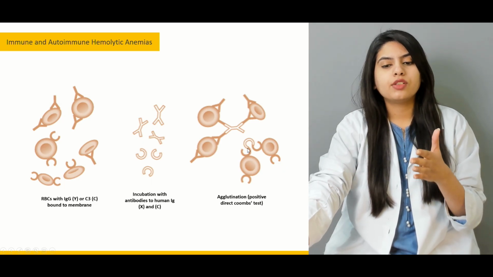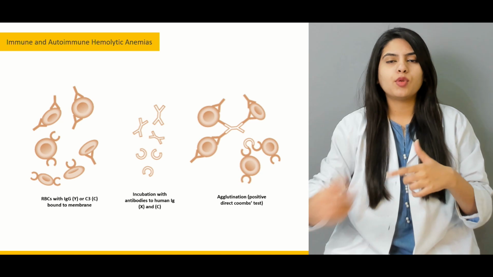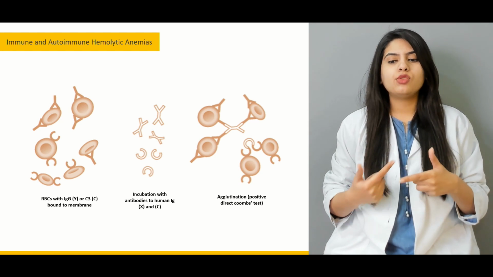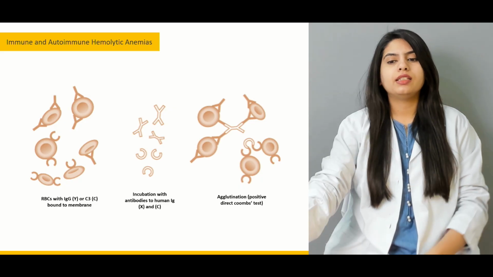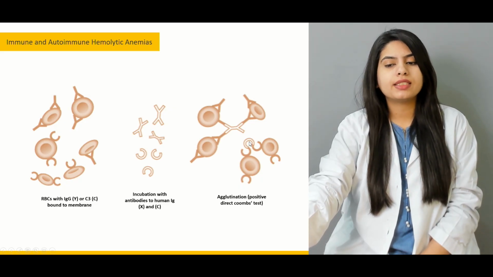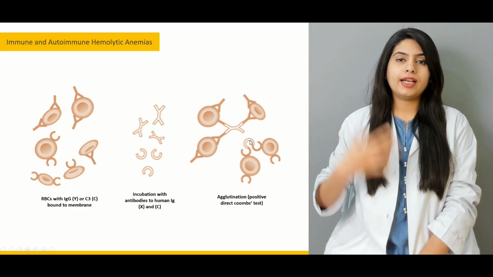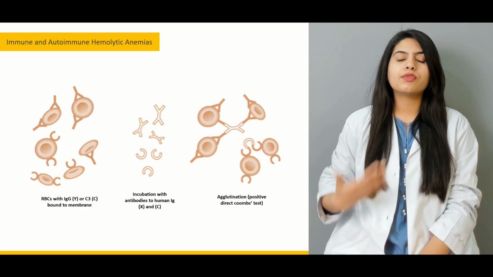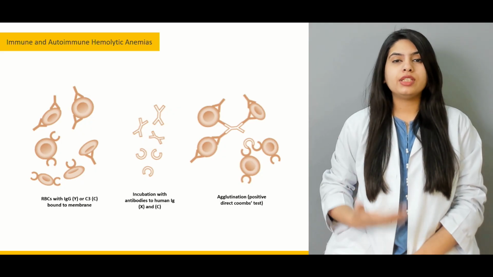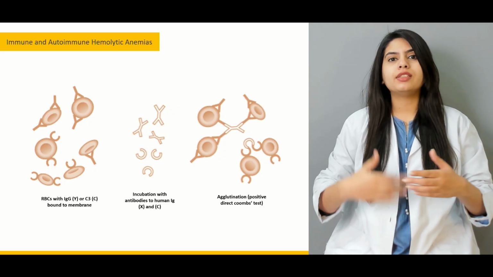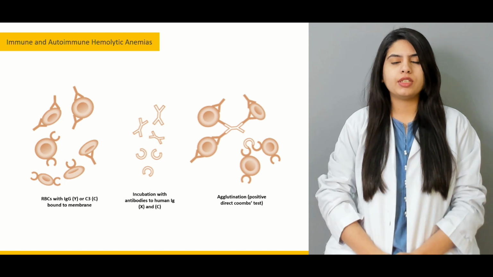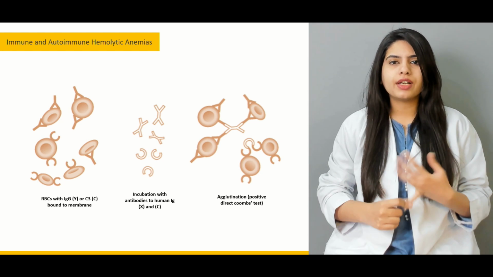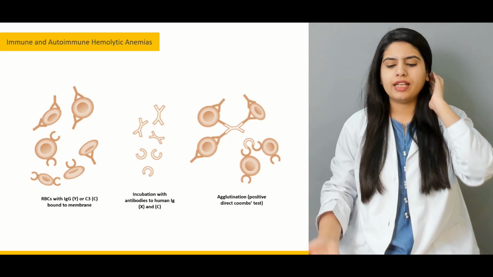Whenever they are incubated, these antibodies will undergo agglutination and will lead to the formation of agglutinated red blood cells that will help us to diagnose patients suffering from this kind of hemolytic anemia, and distinguish it from the other types of hemolytic anemia, like the hereditary defects and the enzyme defects as well.